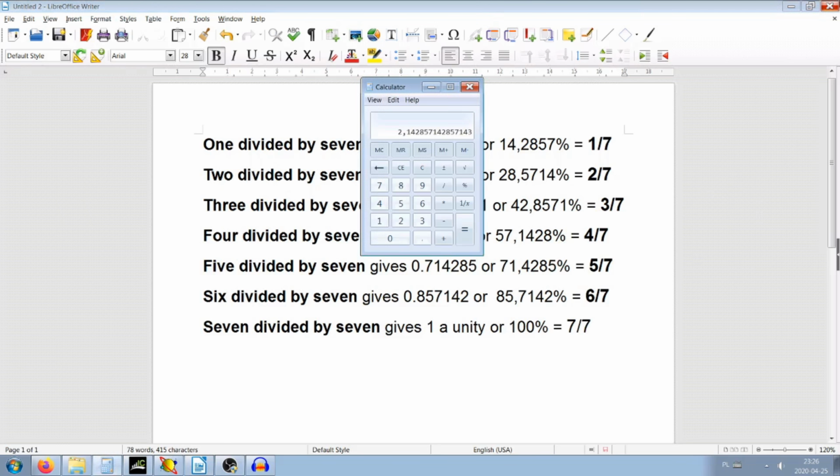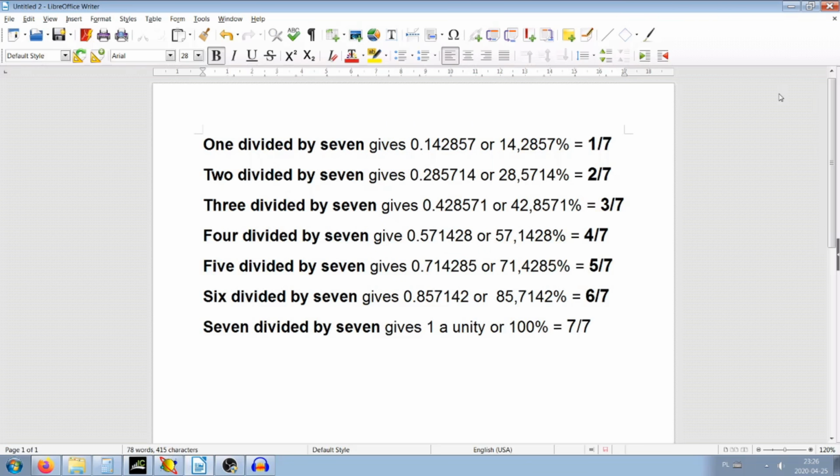How we get there? It's very simple. Get the calculator, 1 divided by 7, and you got the first value, 0, 1, 4, 2, and so on. I just left only 5 digits here to not keep it too long. It's enough for our calculations. You might realize when you use Fibonacci retracement 0.618 or 0.382 or whatever else, 0.50, that the price didn't get there, and you didn't realize why.